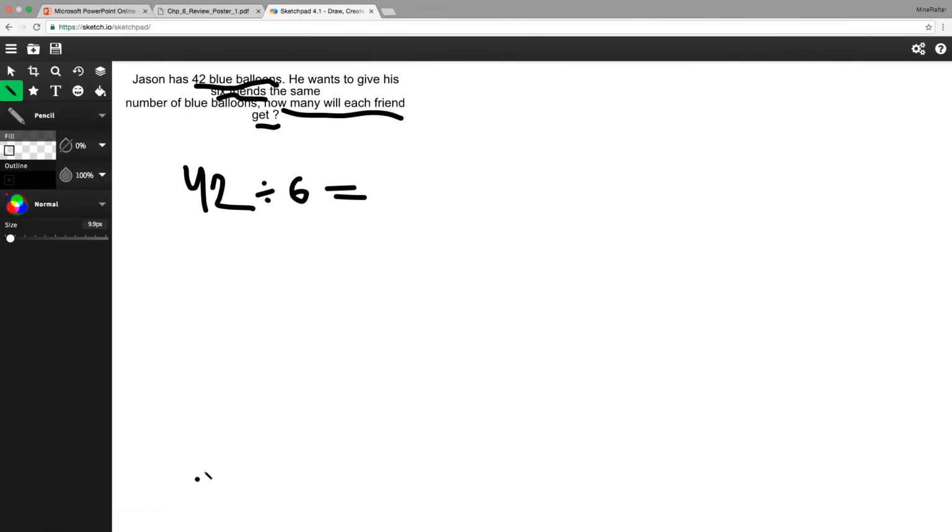So that means each friend, not including him, will get exactly 7 balloons. And that's how you get division from a word problem.